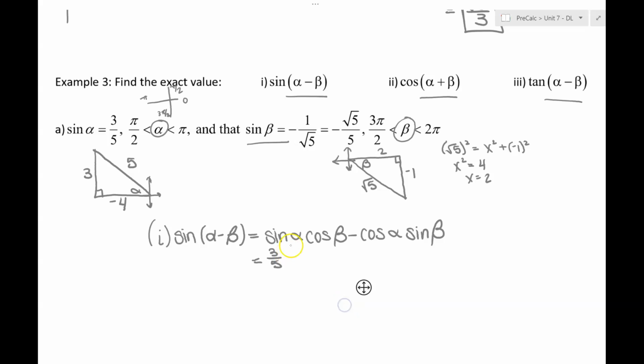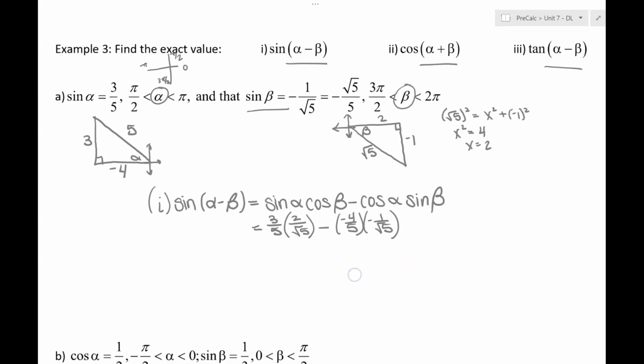In the beta triangle, the cosine is 2 over rad 5. We can deal with the rad in the denominator in a second. Minus cosine of alpha is negative 4/5. And the sine of beta is negative 1 over rad 5.